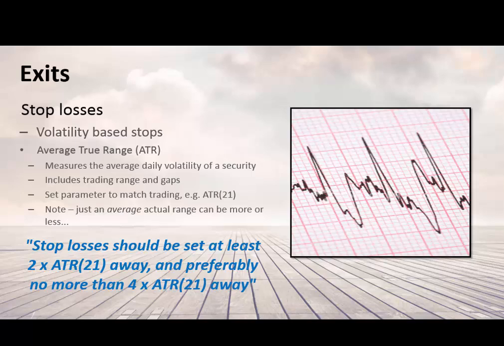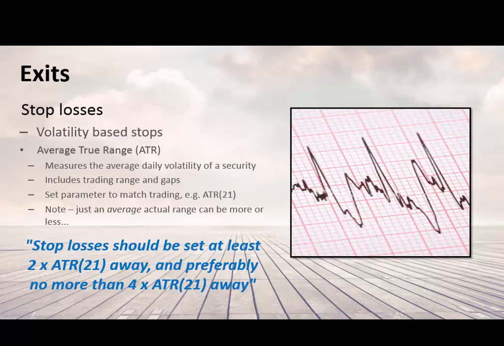Now obviously in terms of setting our protective stops, we want to make sure that where we're positioning that protective stop, we're not too close to the price action. Now if we go and put our protective stop just on the average true range, that's just one single average true range, then we're really asking to be stopped out, because that level is just an average and the stock can actually move more or less than that amount. So we always set our protective stop losses a minimum of 2 times that average true range away.